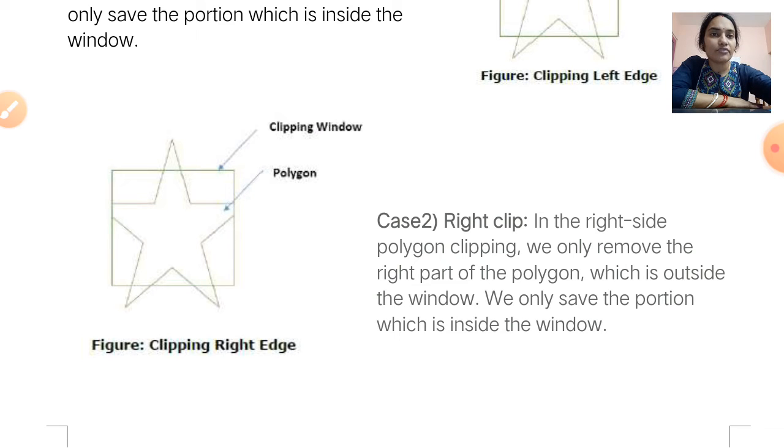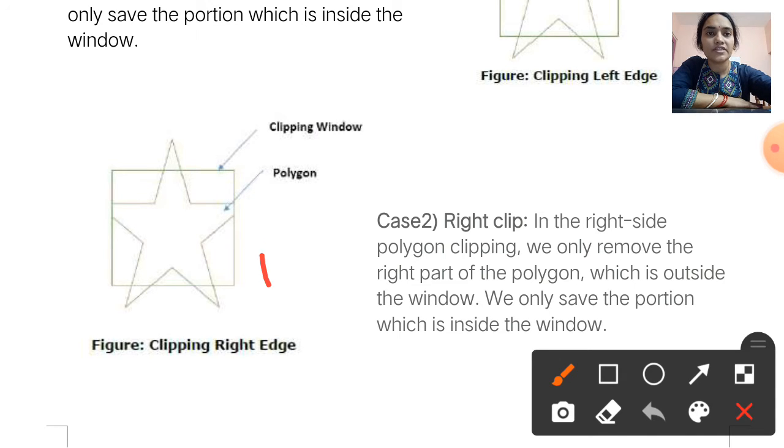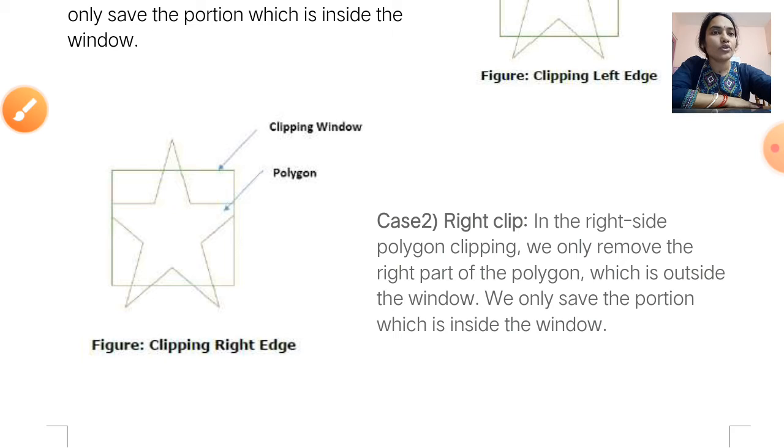So this star figure is in the right side. This part is your right side. Only this portion is clipped, and the rest are safe. That means we only remove the right part of the polygon which is outside the window. We only save the portion which is inside the window.